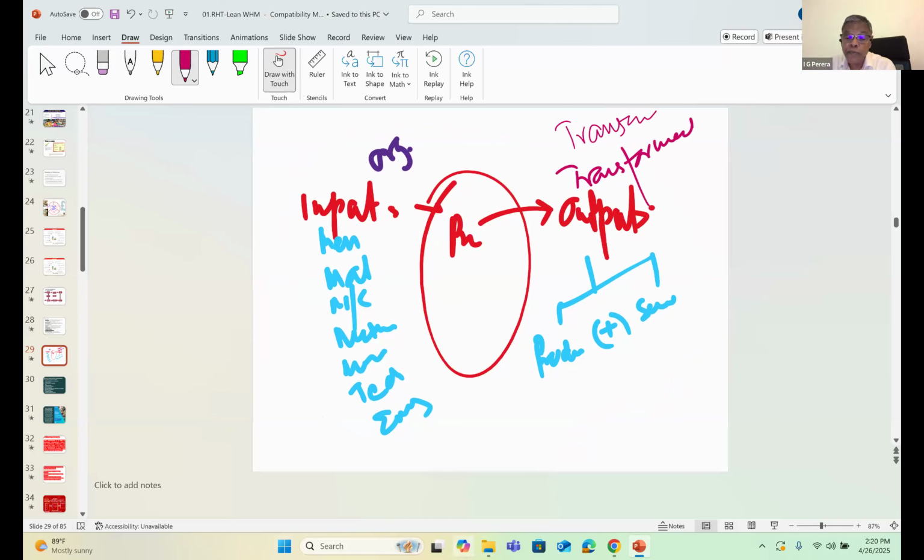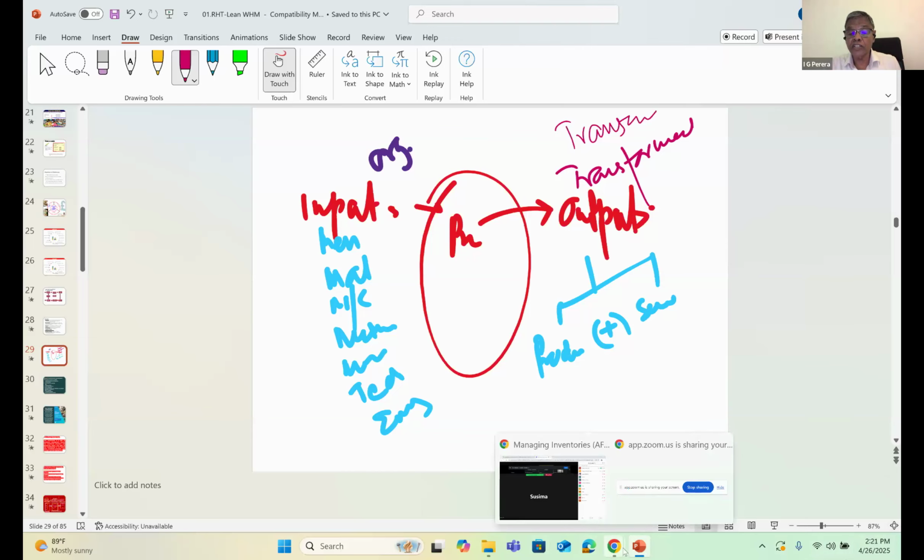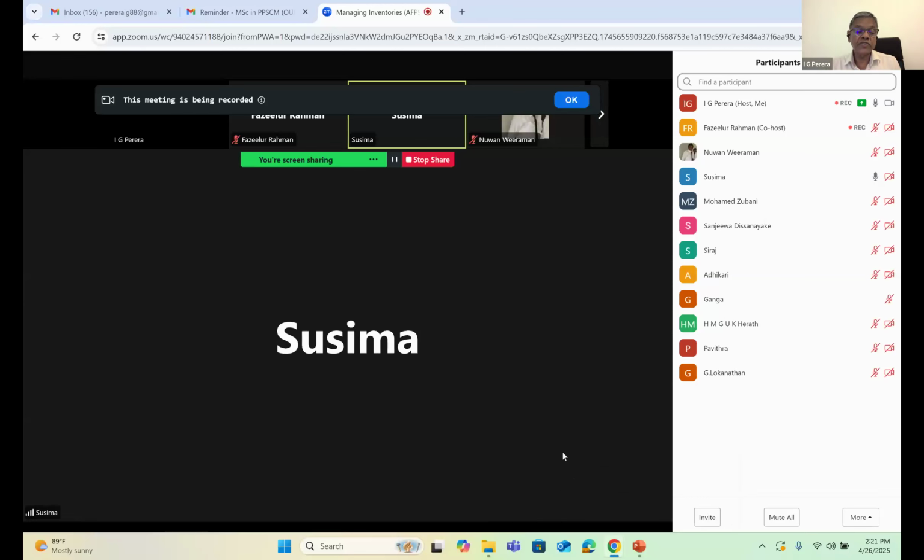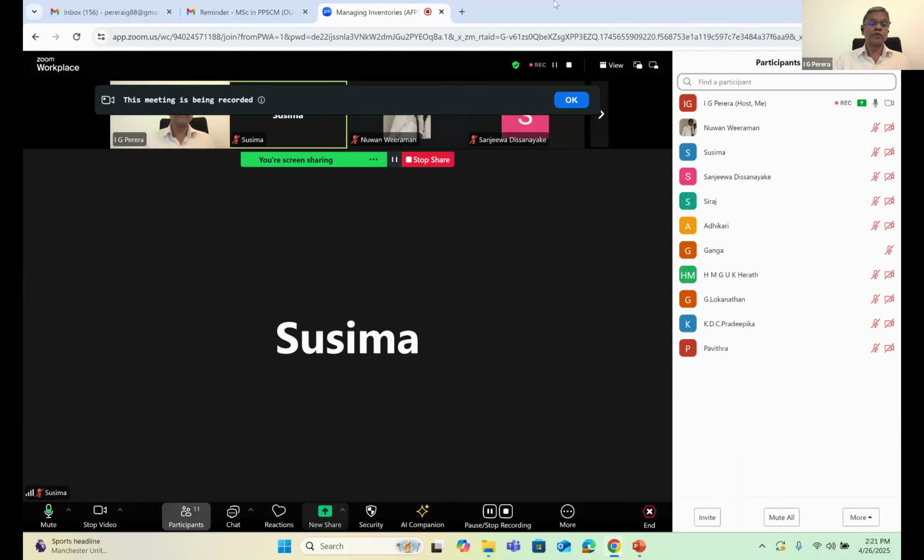What is transforming inputs and what are transformed inputs? In any process, you will be able to see these two types of inputs. Either inputs will be transformed inputs or transforming inputs.